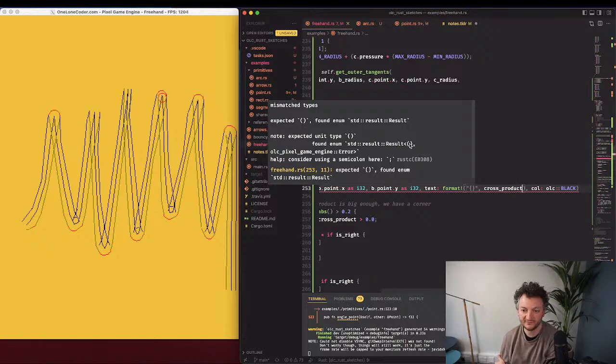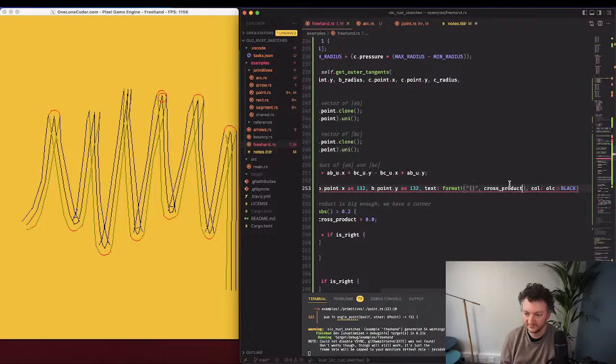Expected this, found a result. Oh, I see. Cross product. No, that doesn't seem right.